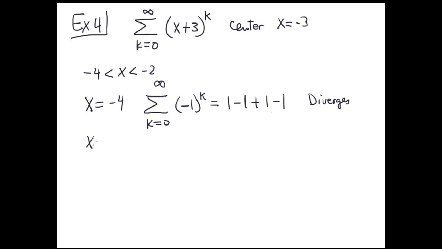For x equal -2, the series is: -2 plus 3 is 1. 1 to the k power is 1 plus 1 plus 1. Again, it diverges.